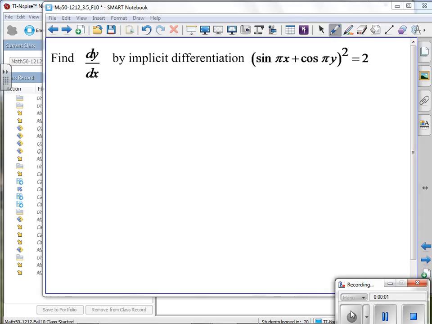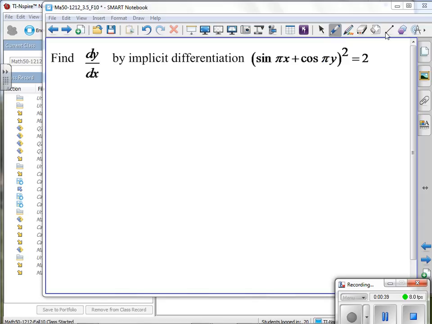So implicit, actually, well, I don't think, well, we might be able to write this explicitly. If you think about it, we'd have to take the square root of both sides, subtract sine pi x from both sides, and then take the arc cosine of both sides, which would be the arc cosine of the square root of 2 minus sine pi x, and then we'd have to divide both sides by pi.